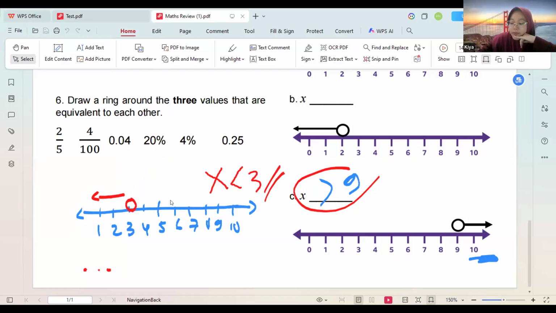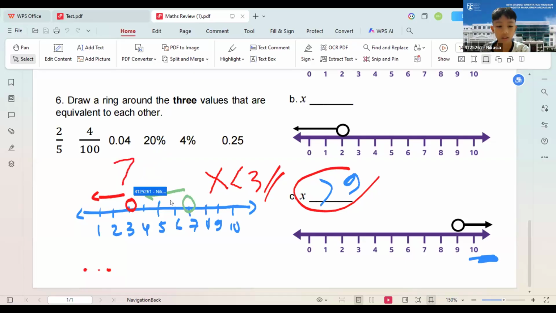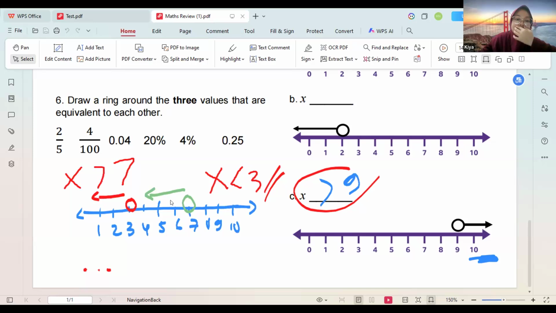Okay, and then what if my circle is in here, at 7, like that? Then this is X greater than 7?